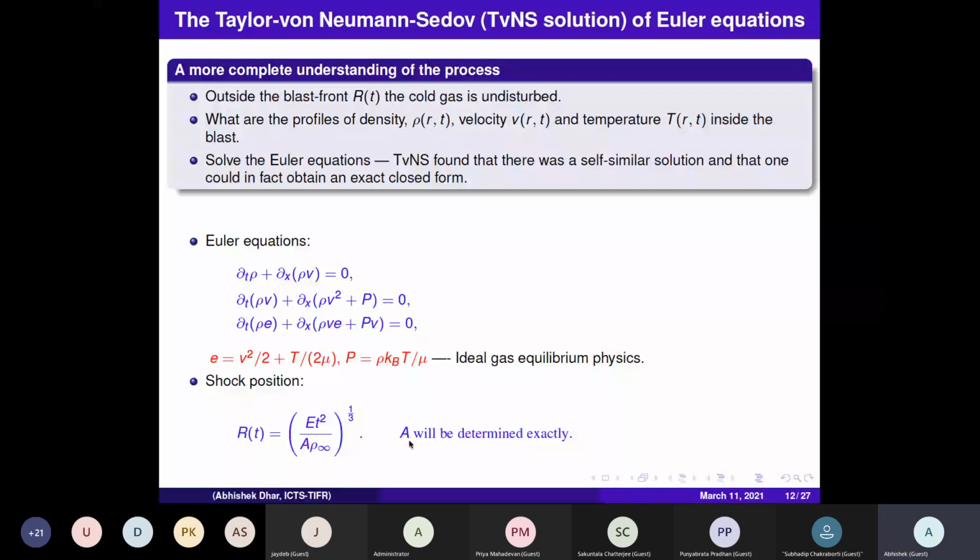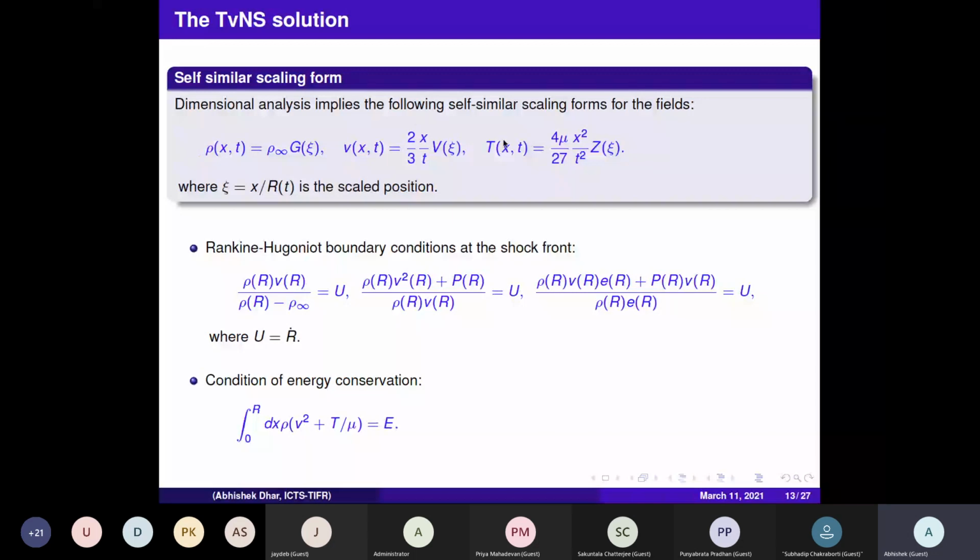Now what TVN has found, like I said, is that there's a scaling solution which has this form. Rho depends on x and t through this combination x over R(t), and then there's the scaling function g of z, and some prefactor. For the velocity, we can pull out something which has dimensions of velocity, but then there's a scaling function which depends on the same scaling variable z, and similarly for temperature.